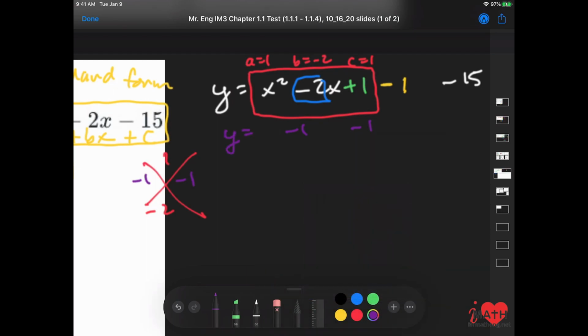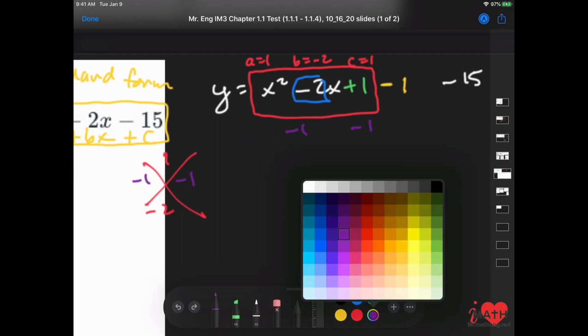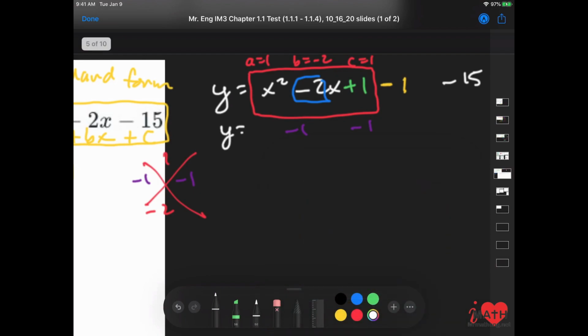So I have y equals x minus 1 and x minus 1. Out here you have negative 1 and the negative 15, which equals negative 16. Negative 1 minus 15 is negative 16.